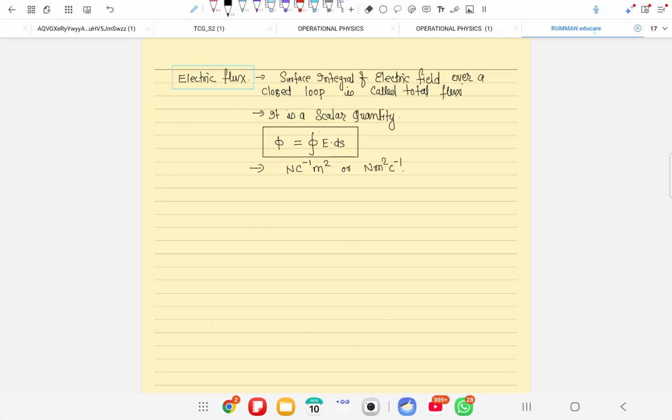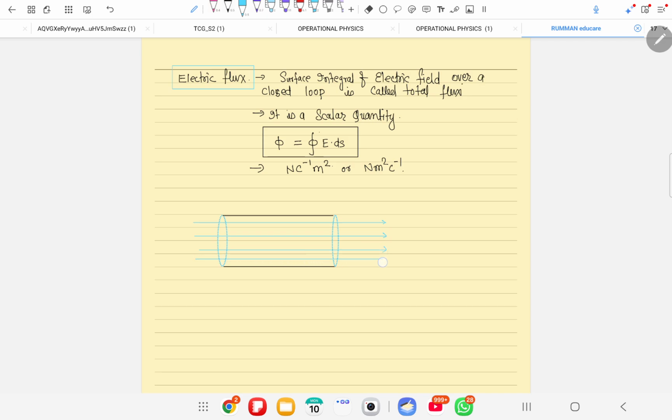Now, let us consider a cylindrical region where the electric field lines pass across this region. Suppose an electric field line passes through this region. This is the electric field line passing across the cylindrical part.